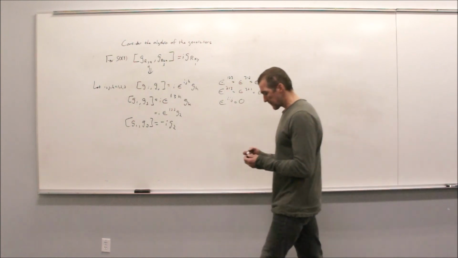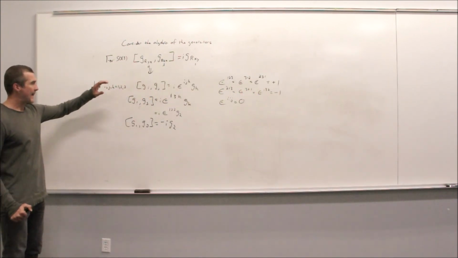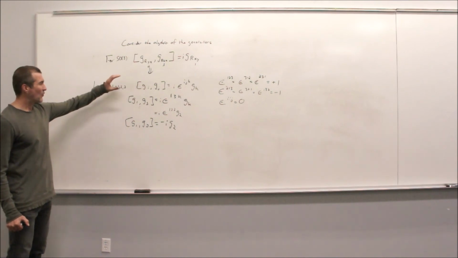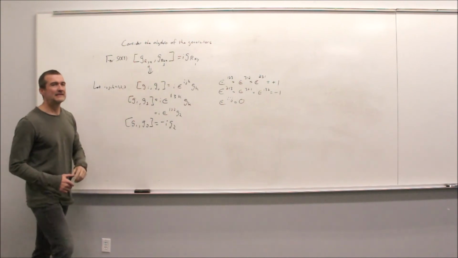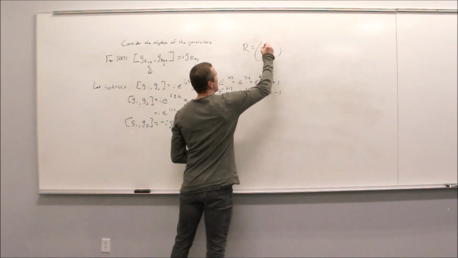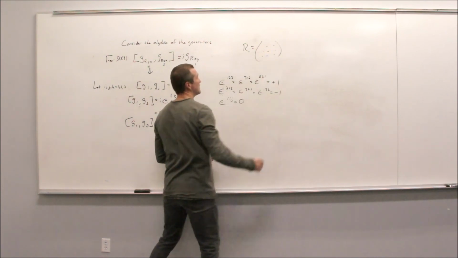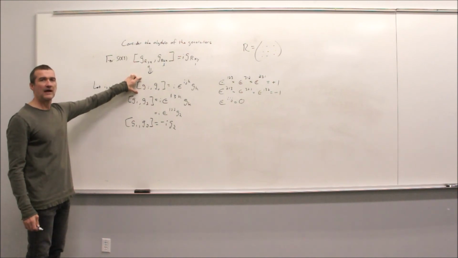Here's the thing. What if I took this as the definition of the group? Instead of starting with 3 by 3 matrices, what if I just took this algebra as my definition of the group?